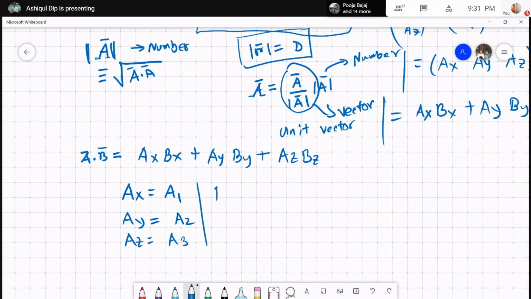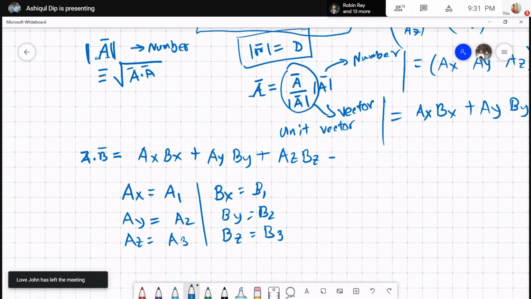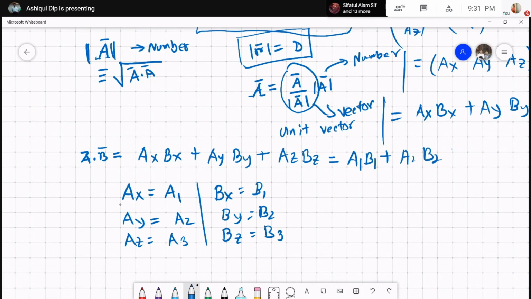Similarly for B, BX equals B1, BY equals B2, and BZ equals B3. With this notation, we have the dot product A1 B1 plus A2 B2 plus A3 B3, right?